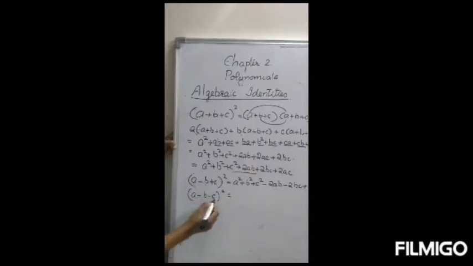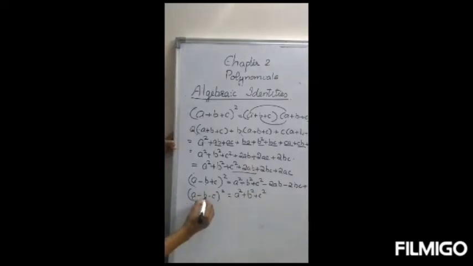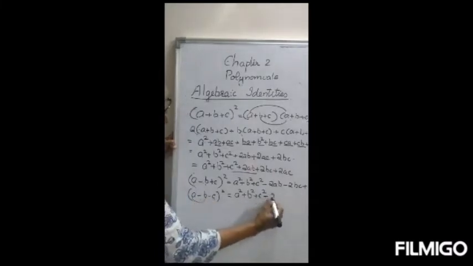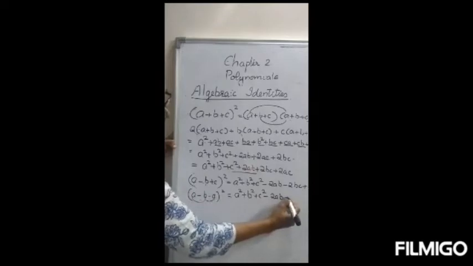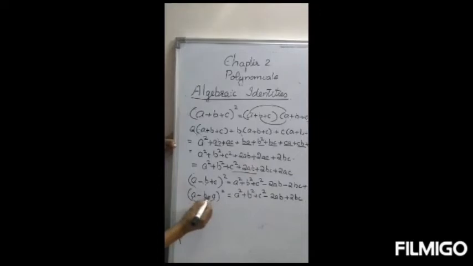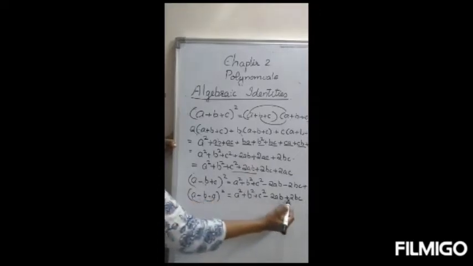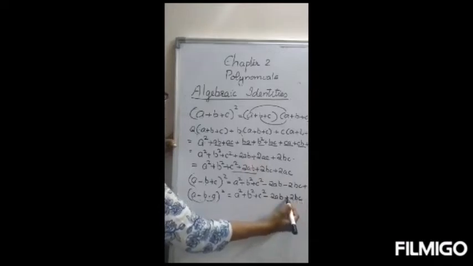And if it comes (a minus b minus c) whole square, that means in two terms there is minus. So the first three will be same, a square plus b square plus c square. Here a into b, that minus is in b, so it will become minus 2ab. Then bc, that is minus b into minus c, that means it becomes plus 2bc, since two minuses are there, minus b into minus c is plus.